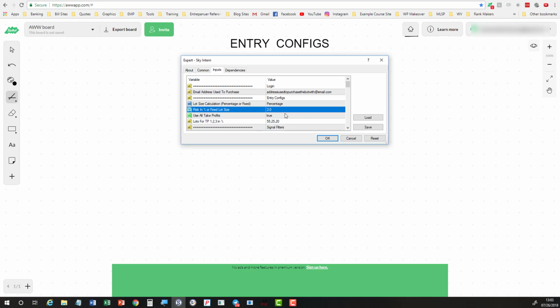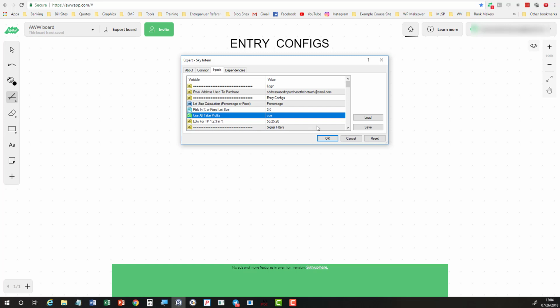And these other two basically say that if you get an alert with 3 take profits, it's going to take 3 orders, and split the total lot size calculated for each take profit order.